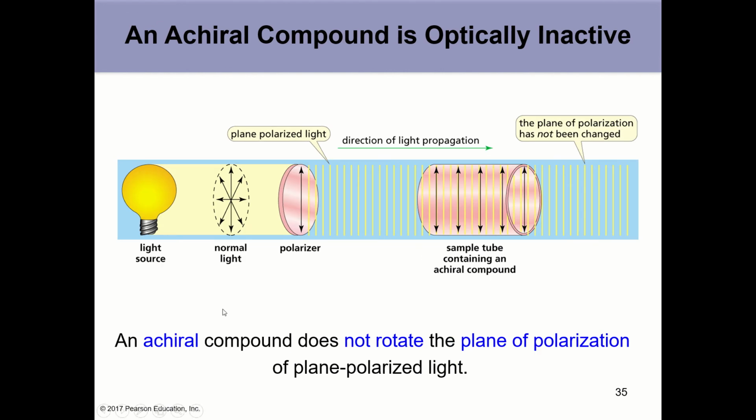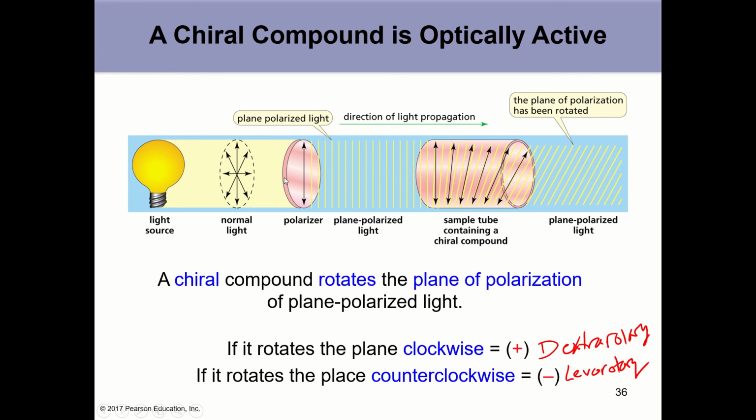An achiral compound cannot cause plane polarized light to rotate. But a chiral compound, as demonstrated by the picture, will take light that is plane polarized by a polarizing lens, and when that light passes through a liquid sample of the substance, passing through this liquid sample causes the plane of light to rotate.